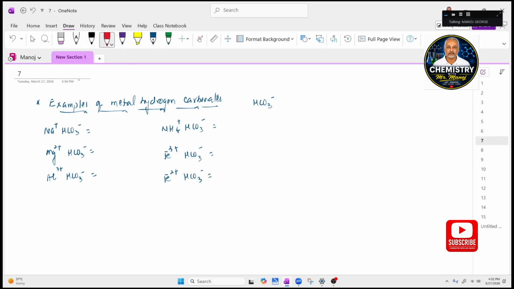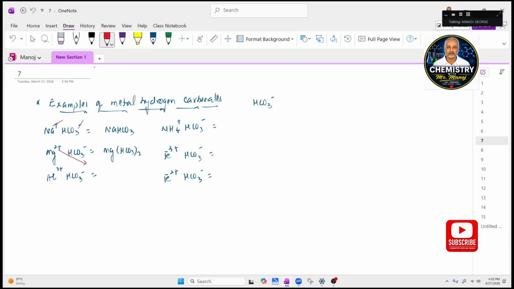If you look at the sodium ion and the hydrogen carbonate, they have +1 and -1, so they get cancelled out. So what you get is NaHCO3, sodium hydrogen carbonate. For magnesium, it's going to become Mg. Don't forget the 2 comes below. So that's why it becomes Mg(HCO3)2. That's the magnesium hydrogen carbonate.